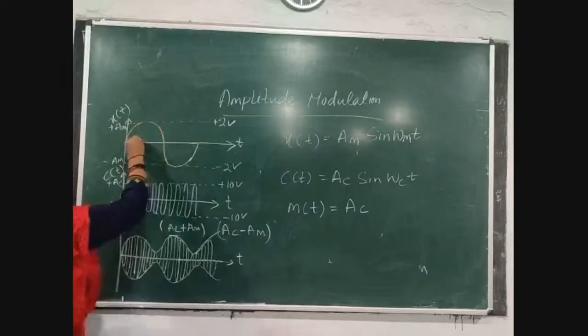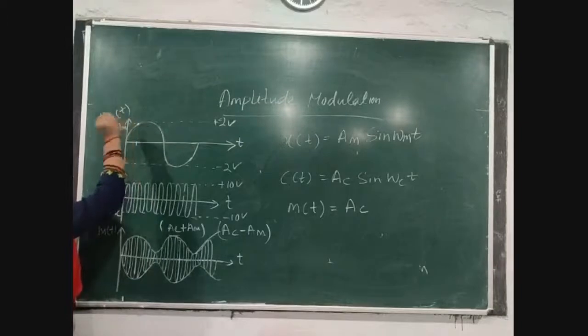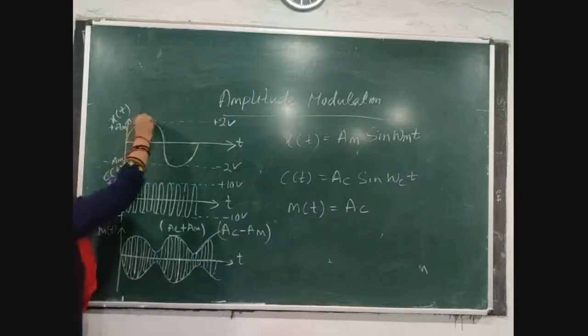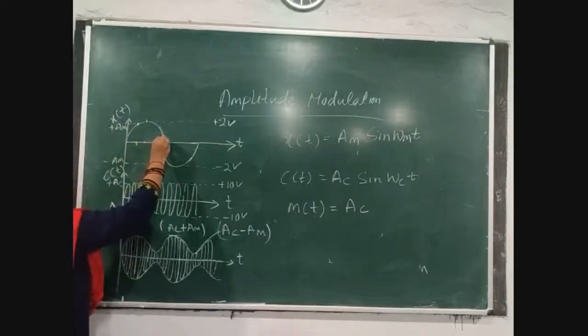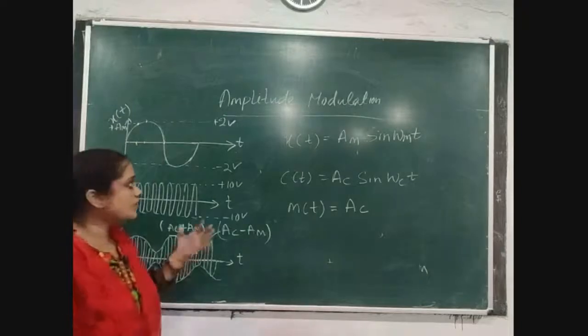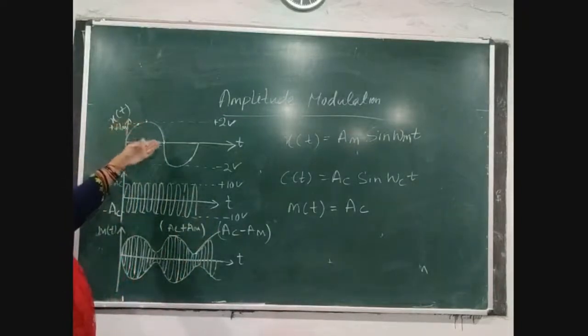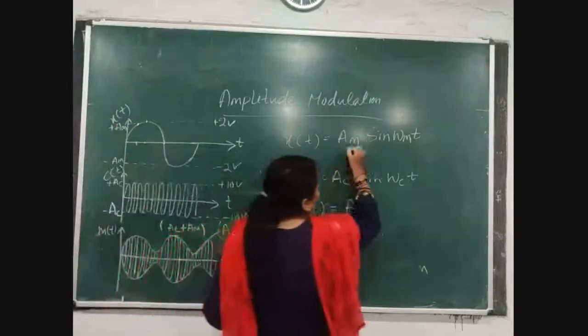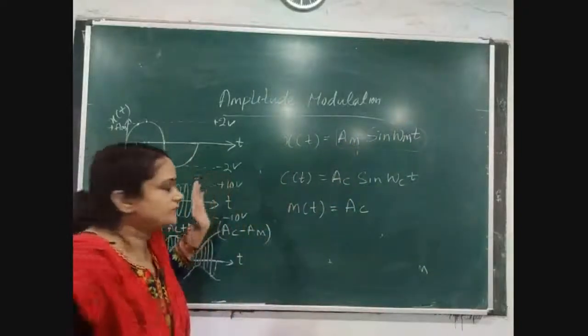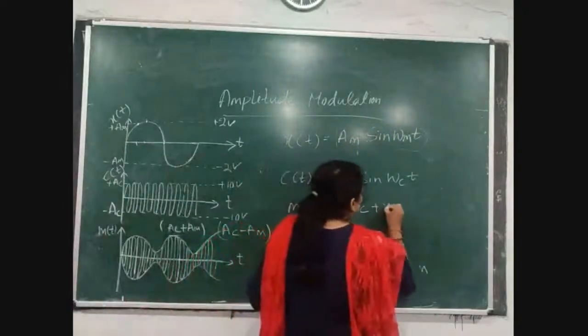At this instant, if we take the value as 2 volt, then at another it is 1.8, at this instance 2.2 volt, and at this instance 0 volt, so it keeps changing. To represent the changing amplitude of the modulating signal, we have to take the whole equation, this equation represents the amplitude, so x of t.